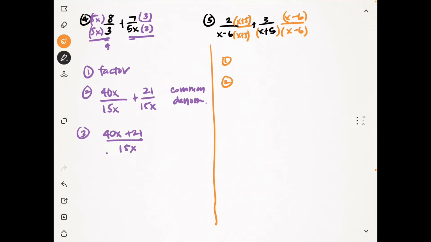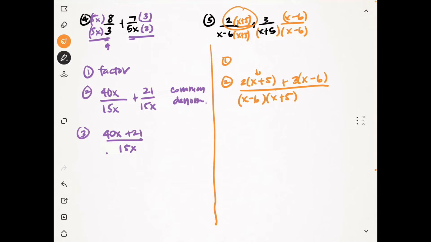So now let's write it as 2x plus 5 over x minus 6, x plus 5. And well, at this point, let's just make it one big fraction already. So that's this numerator here. And then we gotta do the second part, 3x minus 6.